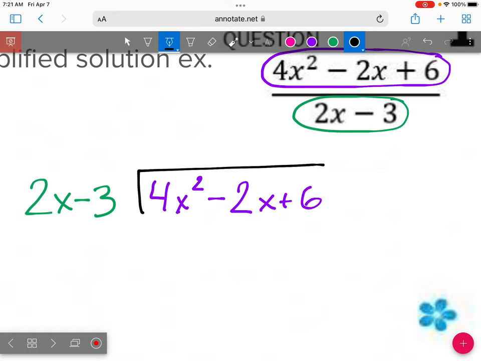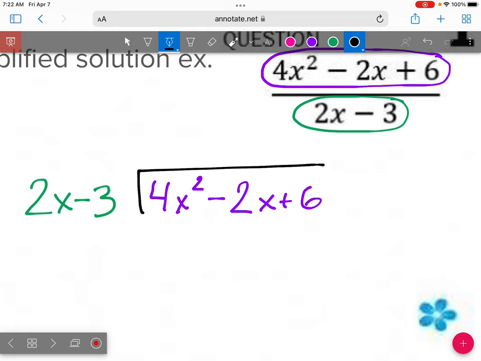It's been a minute since we did our polynomial long division. We look at our first term of what we're dividing by and our first term of what we're dividing. How many times does 2x go into 4x squared? 2x times. Or you can think of it as 4x squared divided by 2x. Whichever way works for your brain to think about it, do it that way.